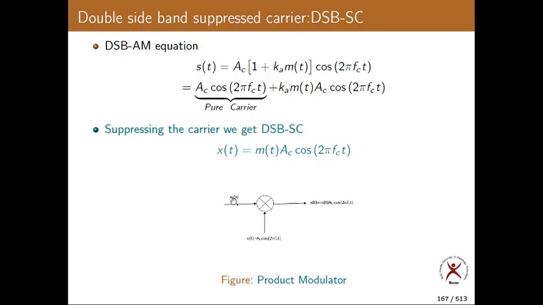This is the generation of DSB-SC, and it is called a product modulator. Product means it is multiplying the message signal with the carrier, m of t into c of t. That's it. So x of t equal to m of t into c of t. That is DSB-SC modulation. So this is the generation of DSB-SC.